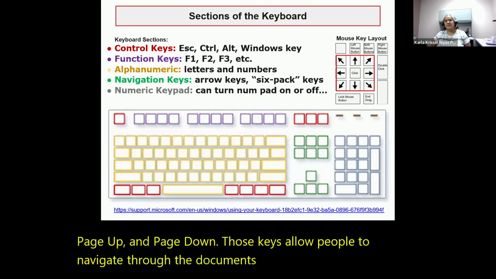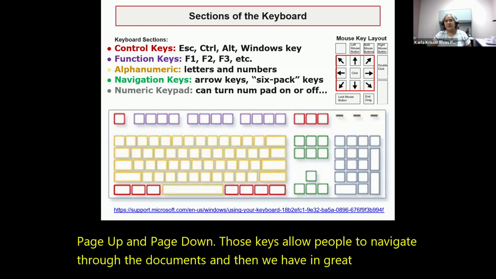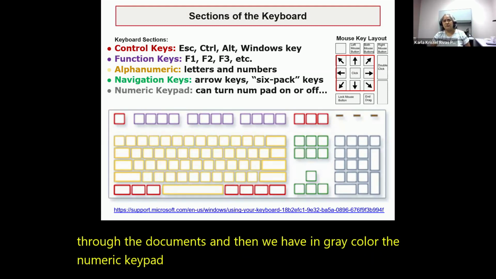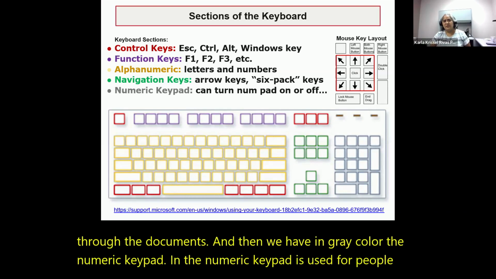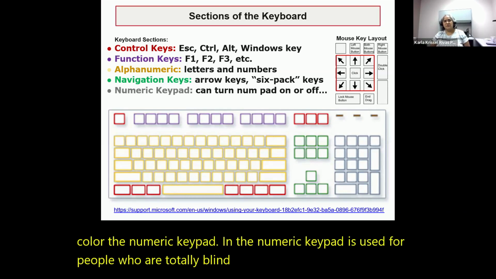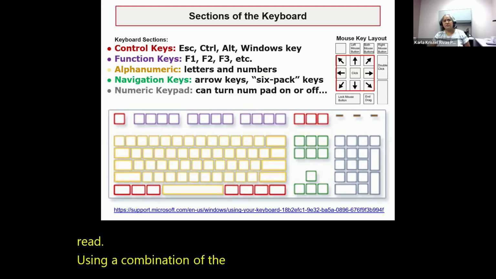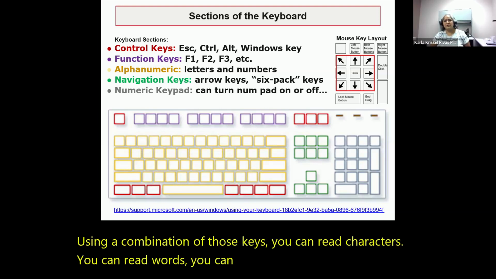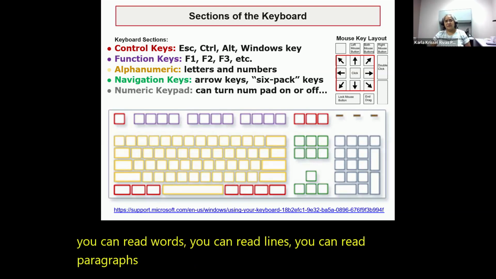And then we have, in gray color, the numeric keypad. The numeric keypad is used by people who are totally blind to read documents using a combination of those keys. You can read characters, words, lines, paragraphs, that kind of stuff.